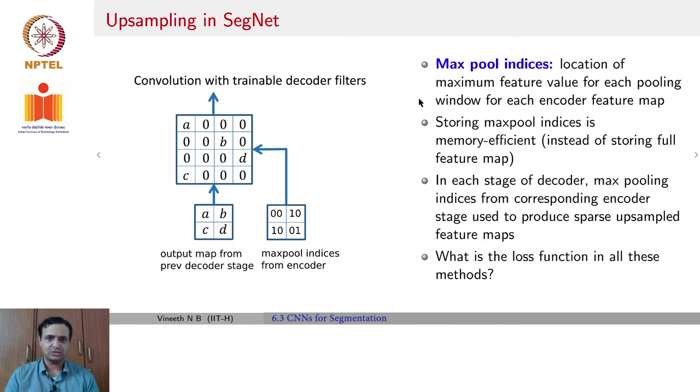What is the loss function? So we've seen a couple of architectures now, FCNs and SegNets. What would one use as a loss function to train such networks? Simple. It's the sum of pixel-wise cross-entropy losses. Remember, in both FCN and SegNet, your output is going to be a volume, which would be the size of the input resolution, but the number of channels would be the number of classes plus 1 for background.